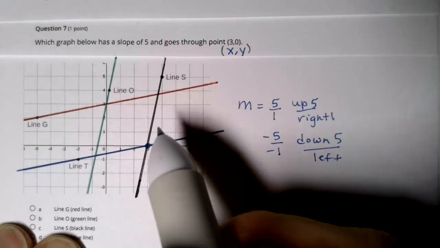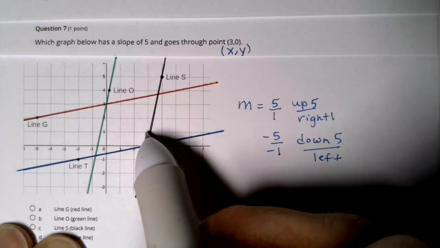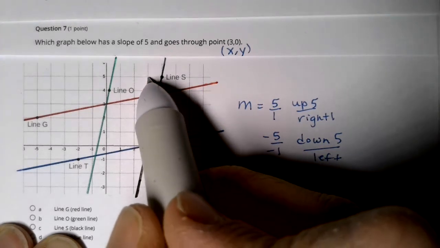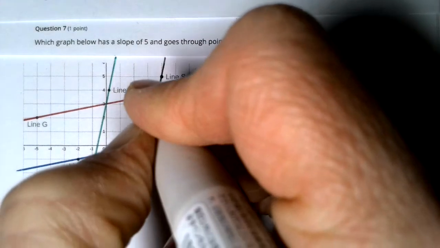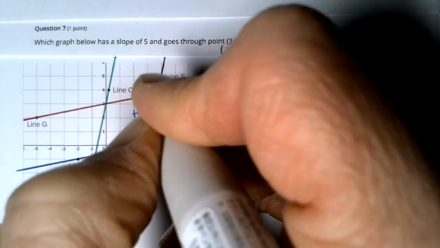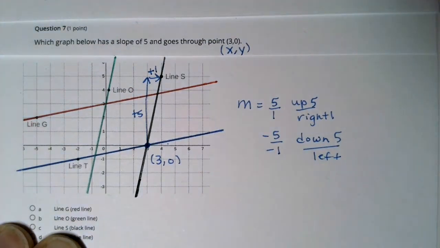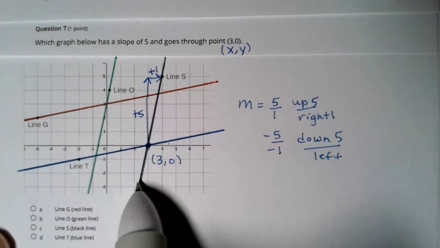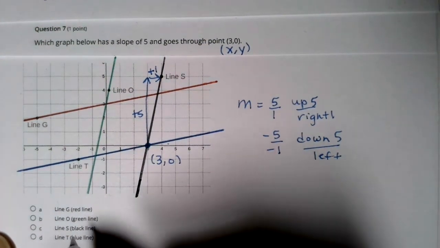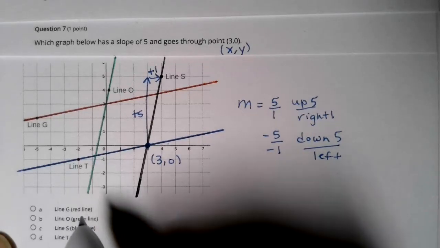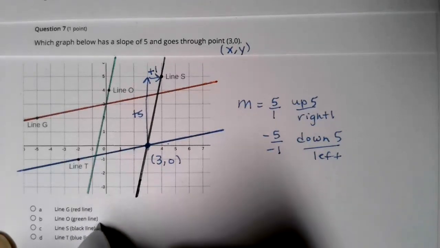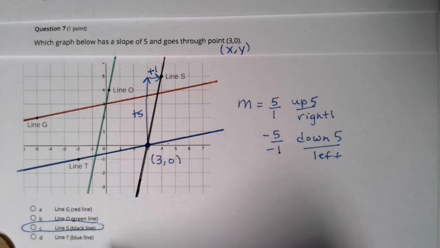So if I'm here, I can go up 1, 2, 3, 4, 5. So going up 5 and to the right 1, which is also that direction. So it is clearly our black line here. The blue line has a slope of 1/5. So choice C is the best answer for number 7.